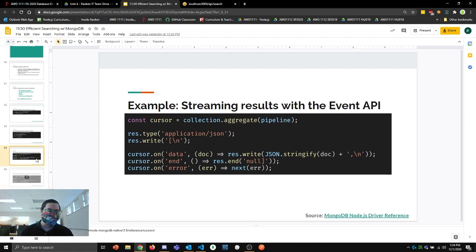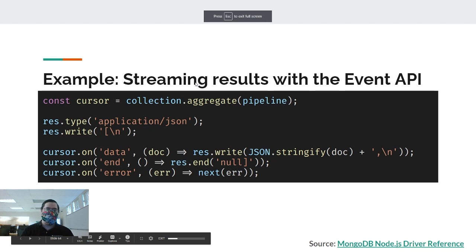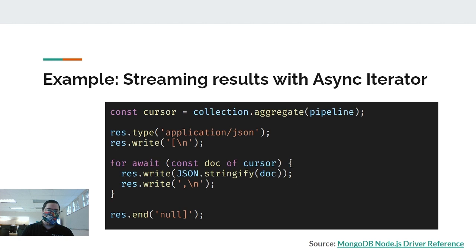So I won't spend too much time on streams, because there's not really a reason to go over to streams, because you can use it directly using the events. The next option that we have is we can use the new Async Iterator. The Async Iterator is a way for this cursor to behave so you can loop over it almost as if it was an array, right?